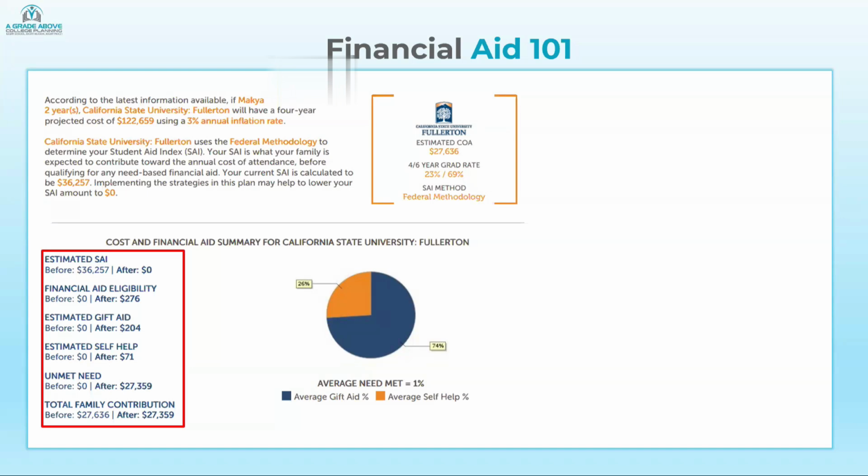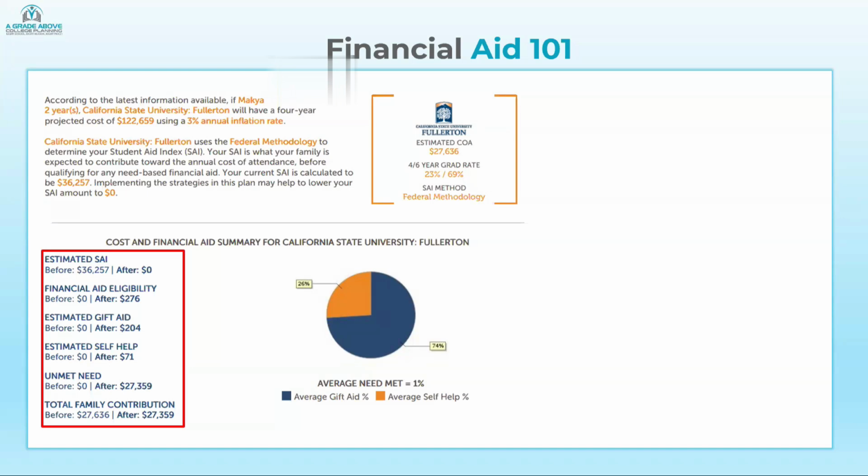And if you need more basic and foundational information, definitely check out that YouTube channel that I mentioned. I talk a lot about that. So when it comes to this family's SAI, as you see the before SAI in this family, dad is self-employed. He's in the medical space. He has his own practice, makes good money.